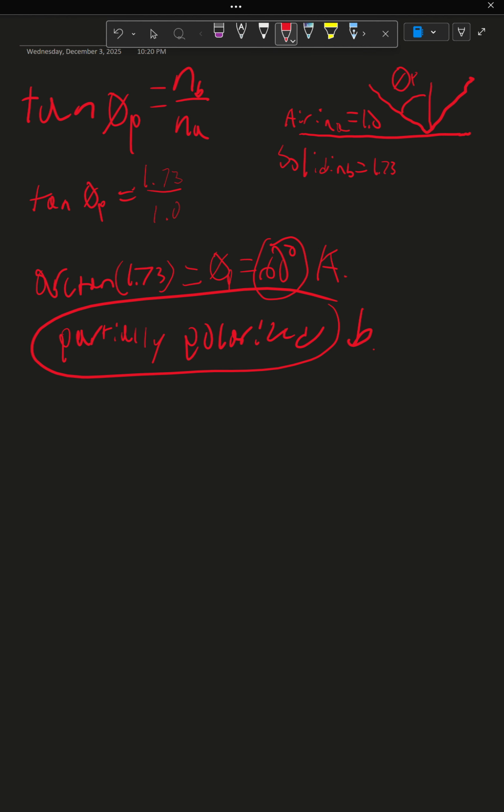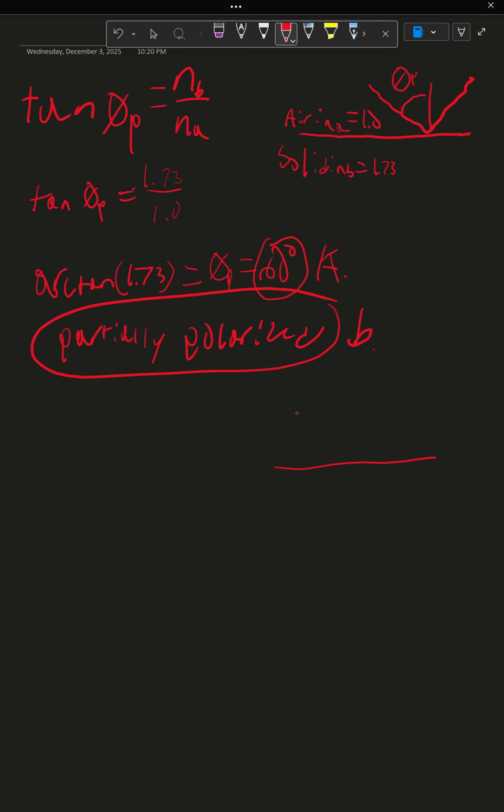And for part C, it's asking: you shine a beam of unpolarized light in air on a block of glass. You find that if the angle of incidence is 57 degrees, the reflected light is completely polarized. Find the index of refraction of the glass. So the light is coming from air into a block of glass. Let's draw that real quick.